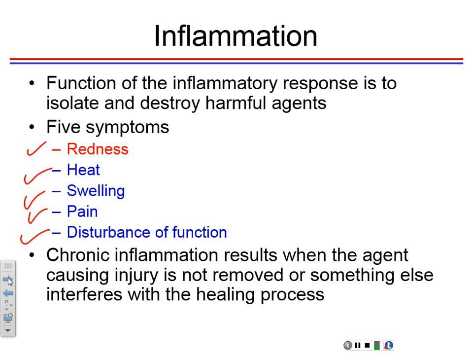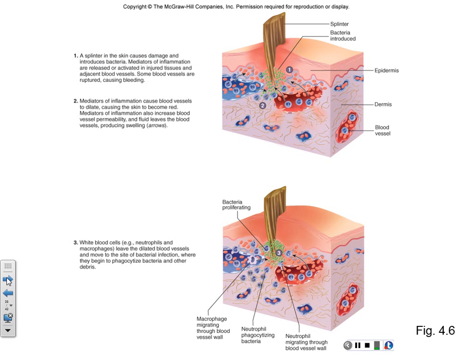So chronic inflammation is not good. When something constantly gets inflamed, you're going to eventually lose function from those cells, all right? And it interferes with the healing process. Okay? So that's why I'm going to show you the healing process more. So this is inflammation again.